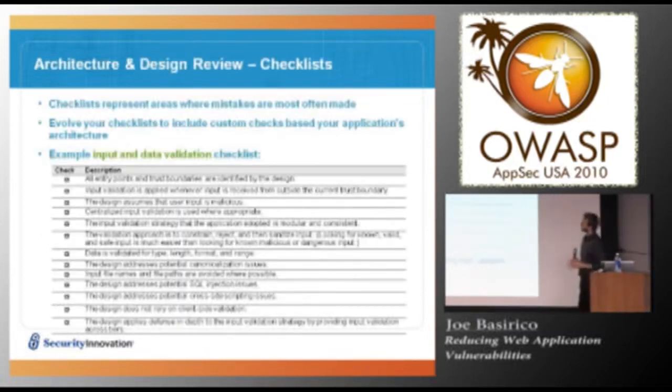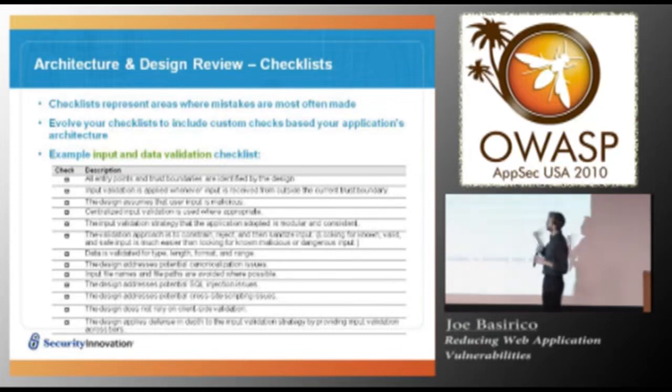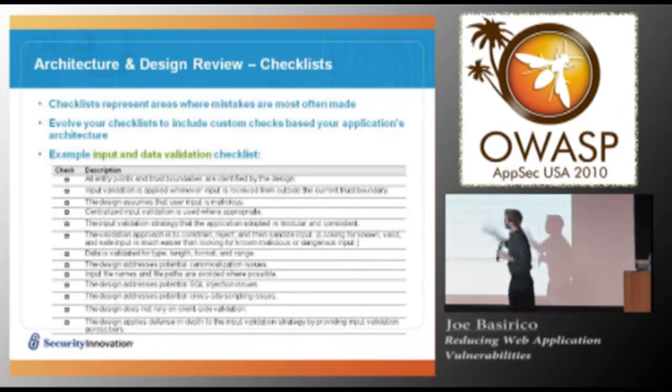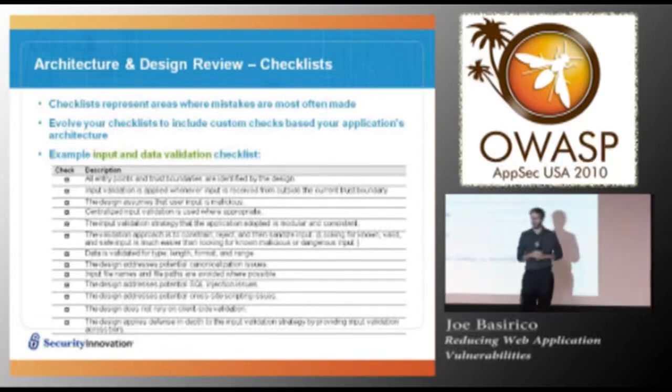Then for each one, we can create a checklist of how to actually design a system that is secure. For example, for input and data validation, we have a handful of checklist items. At the top, we have that all entry points and trust boundaries are identified by the design. Down at the bottom, we have that the design does not rely on client-side validation.